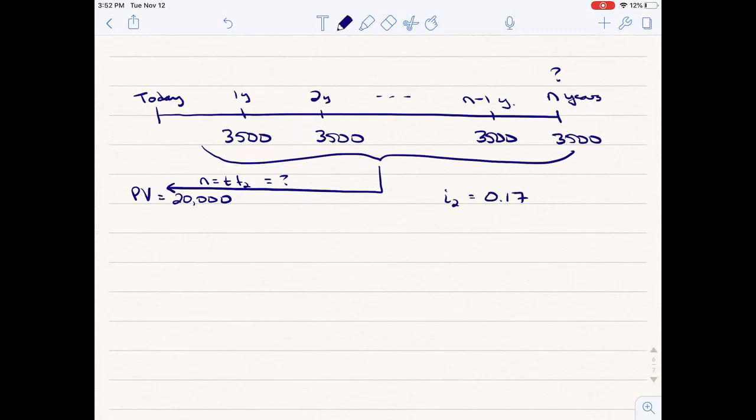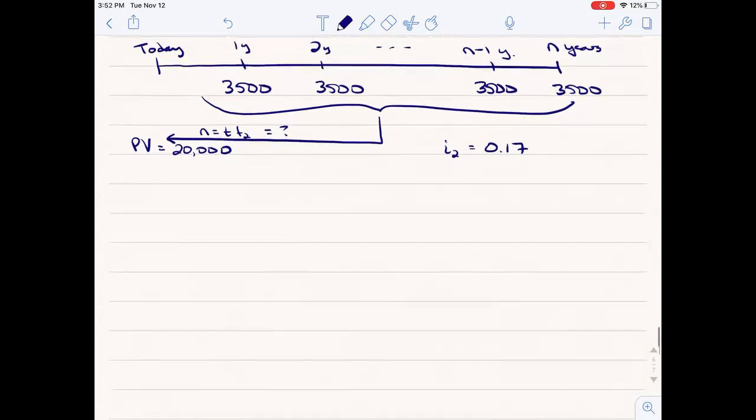Now we can figure out which formula to use. We've got the present value is 20,000, so I have to use the formula with the present value in it. N is the negative natural log of 1 minus I times the present value over the PMT, all over the natural log of 1 plus I. We know all these values, so we can just plug them in.